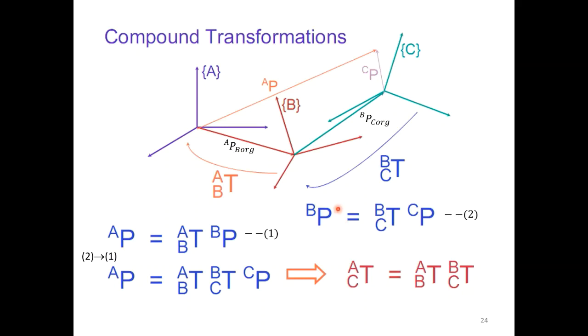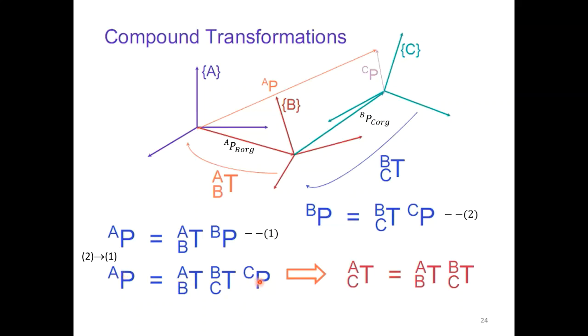Now you can see this BP and this BP. So what you do is you replace this BP with BCT times CP, and put it over here. In place of BP, now you write BCT CP. Now if you look very carefully at what you have got here, it is AP here, CP here.